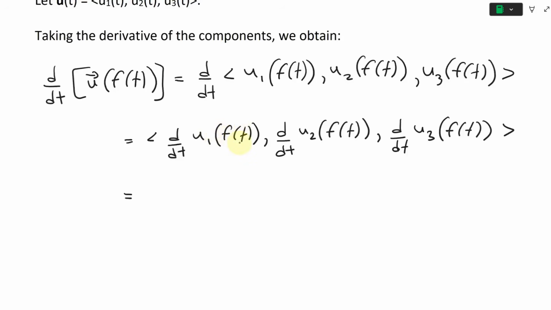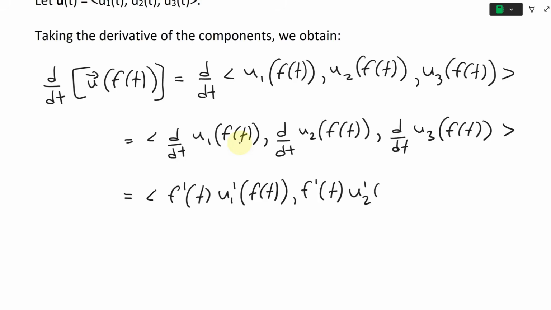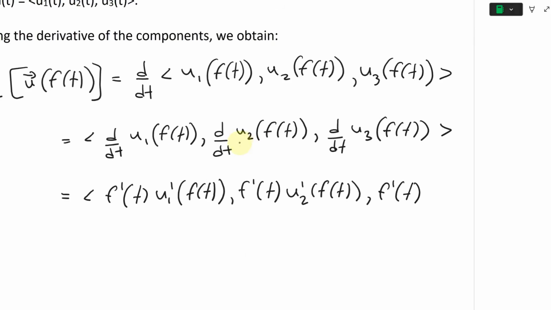So this equals, by the chain rule, the vector with components f prime of t times u1 prime of f of t, f prime of t times u2 prime of f of t, and f prime of t times u3 prime of f of t.